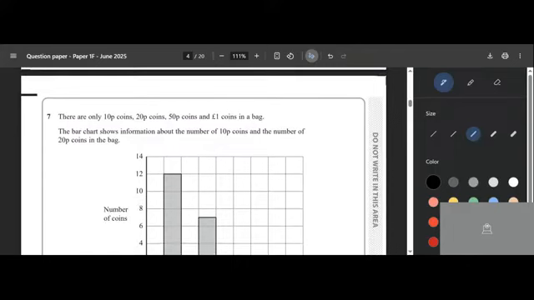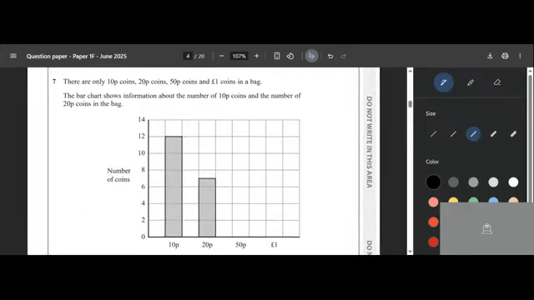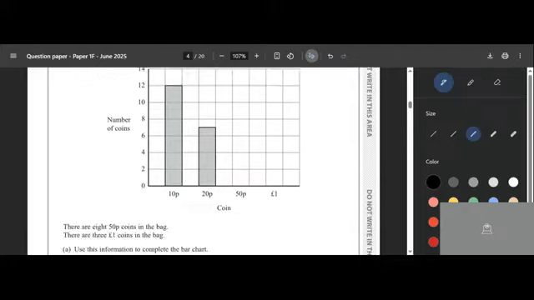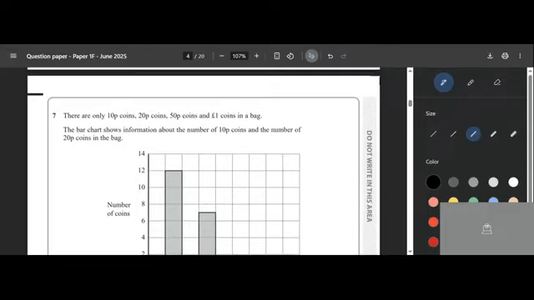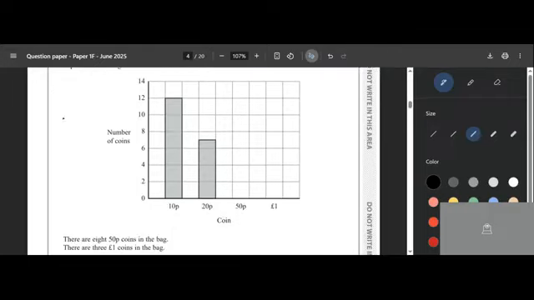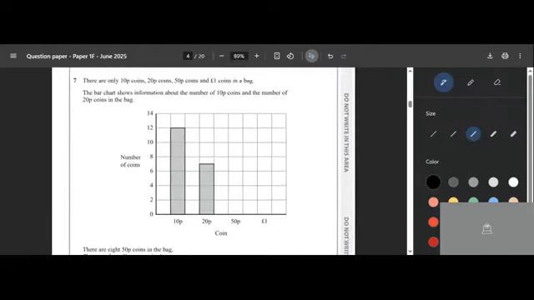So question 7, you're told that there are 10p coins, 20p coins, because you say p are the coins, and 10 coins in a bag. The bar chart shows the information about the number of 10p coins and the number of 20p coins. So what are we supposed to do here?